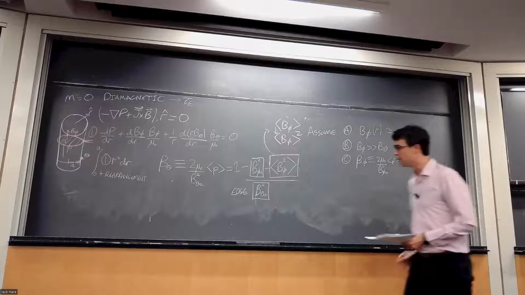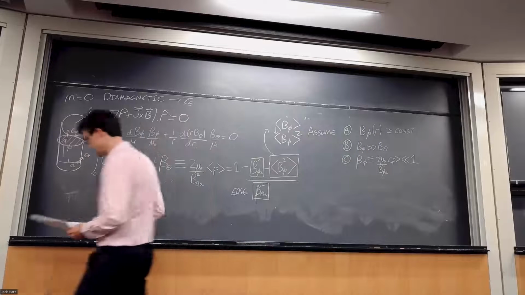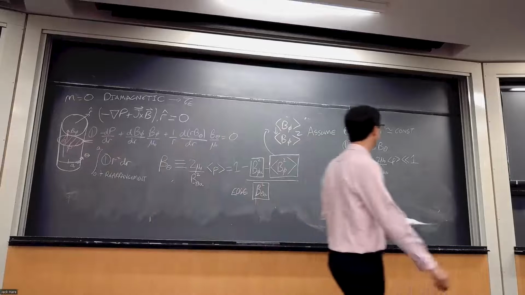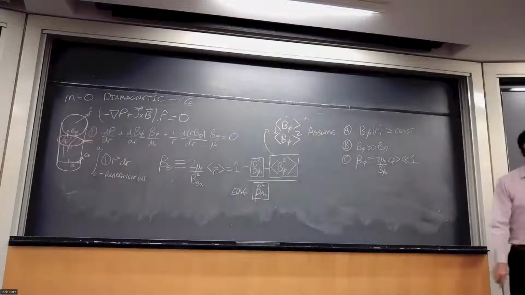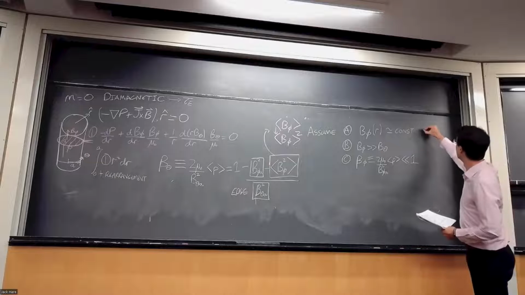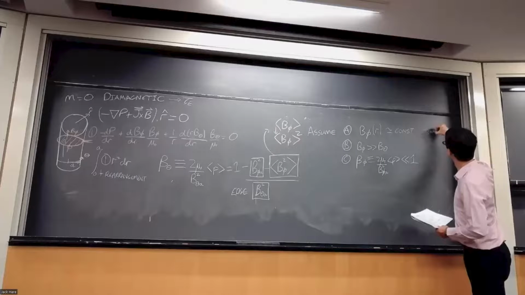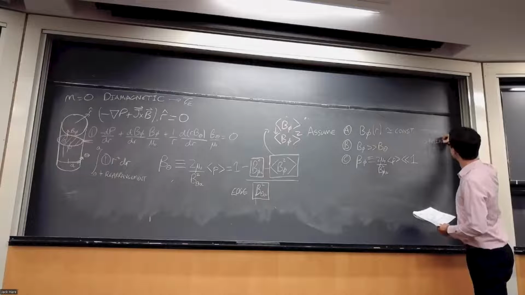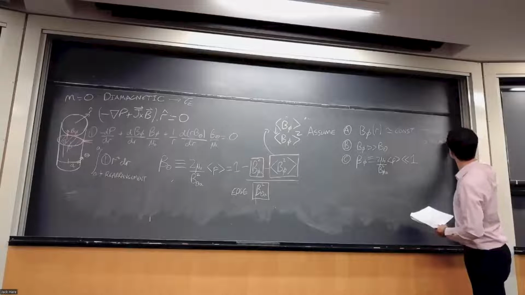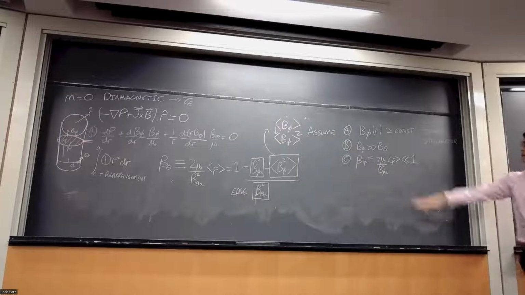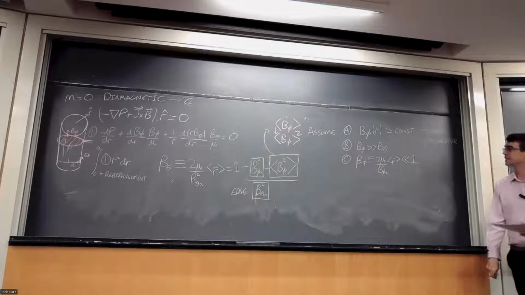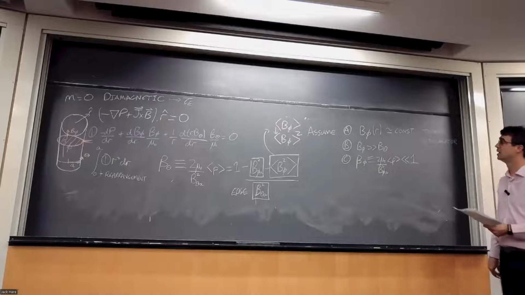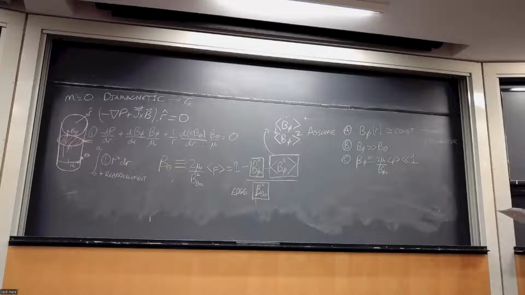Can anyone tell me a system for which this is a reasonable set of assumptions? Yeah, high aspect ratio tokamak, high aspect ratio stellarator as well. These are machines where we are deliberately operating at low beta to avoid MHD instabilities, where we have a very strong toroidal magnetic field to prevent MHD instabilities like the kink.